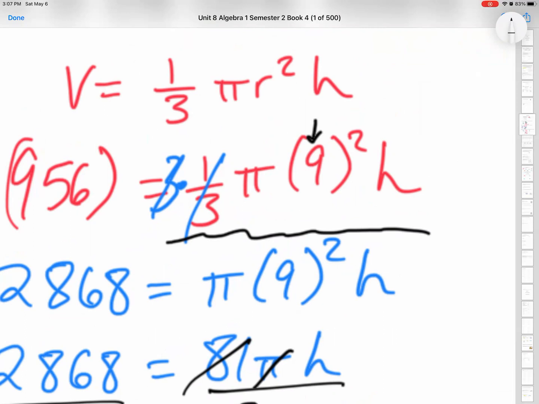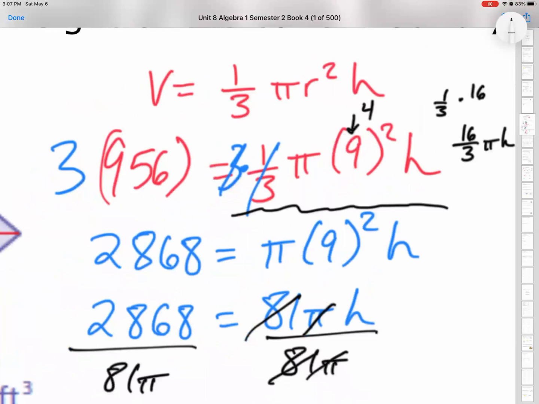So for example, if our radius was 4, let's say, and I did 4 squared is 16, and then I try to multiply that by the 1/3 part, well, then I'm ending up with a fraction, aren't I? And so generally speaking, I highly encourage students to clear the fraction out.